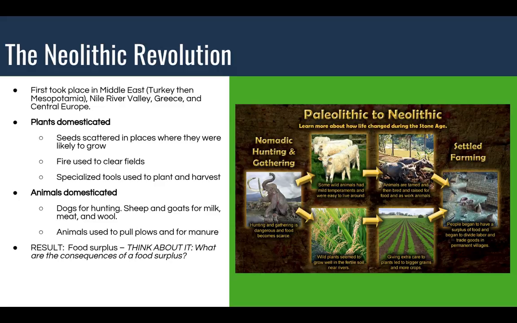And the result of all this, staying in place and learning to farm more and more land, is that humans began to produce more food than we needed to survive. And so we call this a food surplus. A surplus is when you just have more than you need of anything. So I want you to think about this before you move on. What are the consequences of a food surplus?